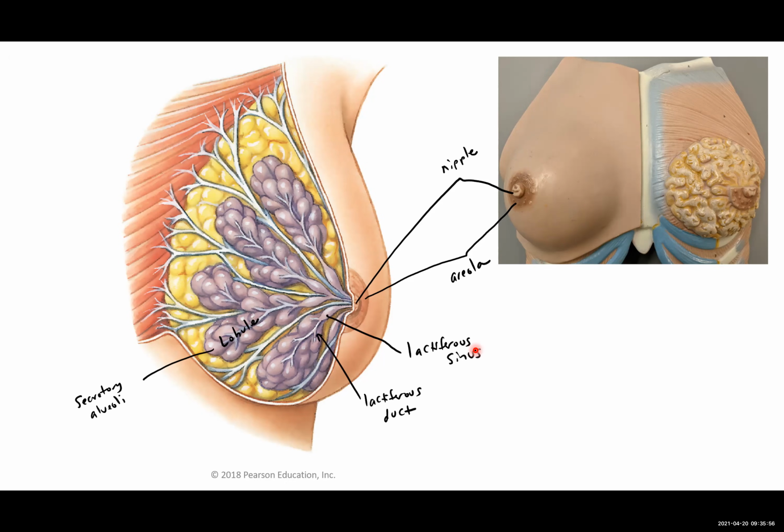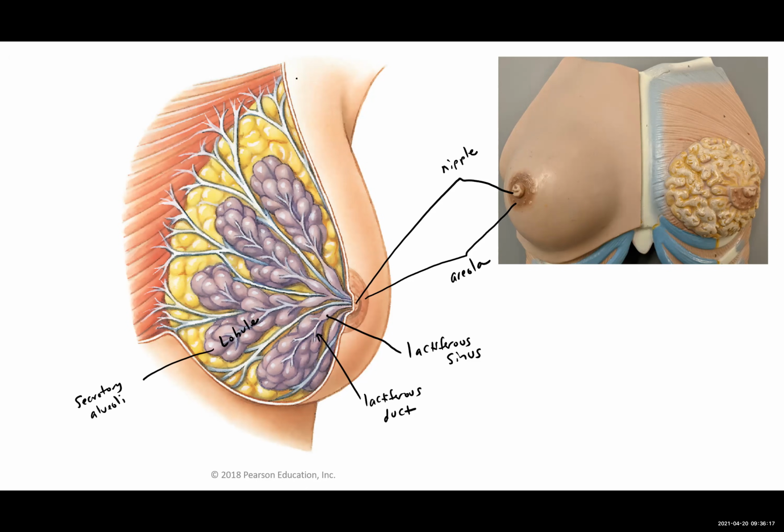And then the lactiferous sinus is emptying into the nipple. Notice that you have many different lactiferous sinuses, and so the nipple is not just one opening, you have lots of small holes there at the nipple.